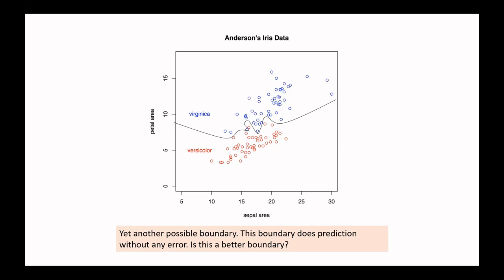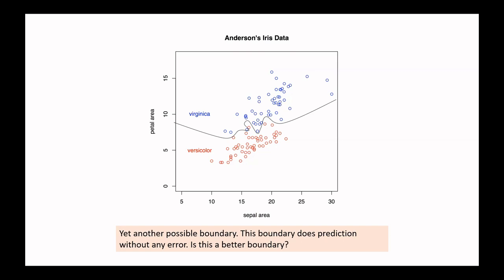So in some sense, the third boundary, which is highly nonlinear, is what we call overfitting. You are basically tuning that boundary to your training set, and you do not know how well this will do with examples that it is likely to come across in future.